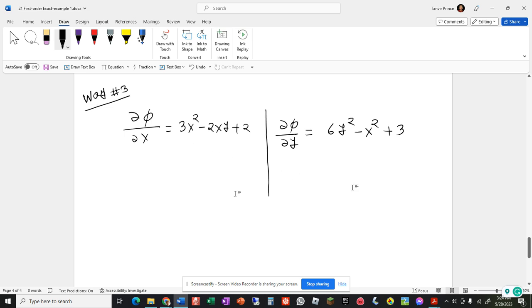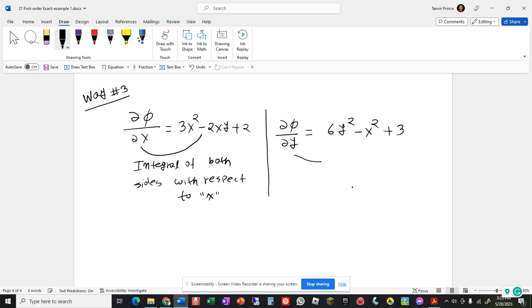So for the first one, I'm going to take the integral of both sides with respect to x. And here, I'm going to take the integral of both sides with respect to y.